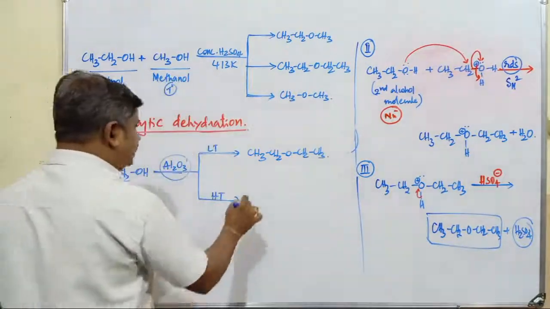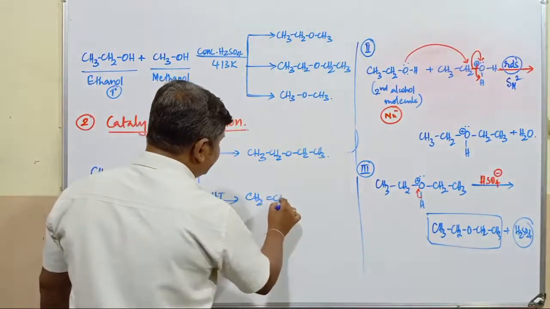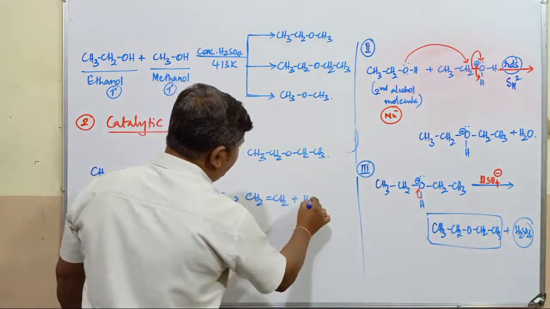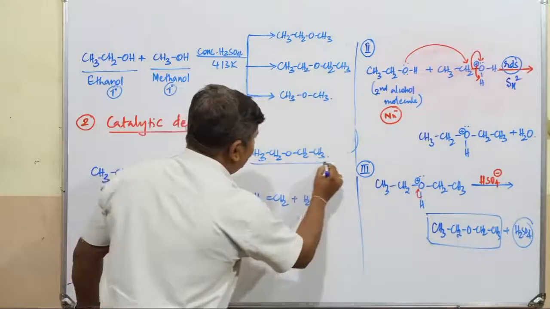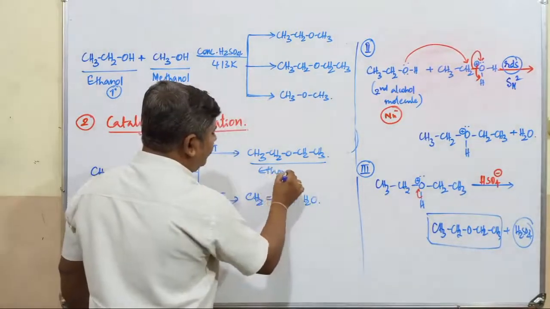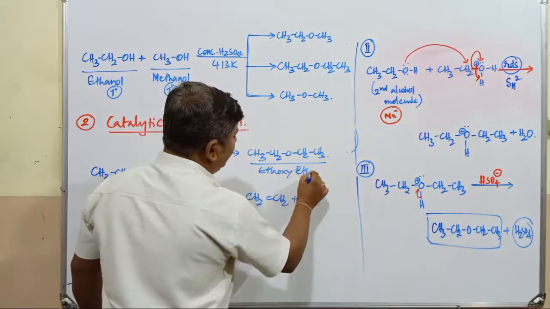And at high temperature the compound produced is CH2=CH2 and H2O. So the same ethanol gives what compound at low temperature? Ethoxyethane.